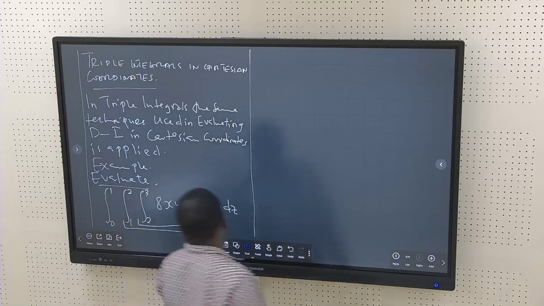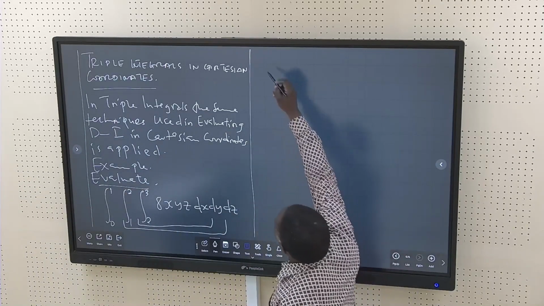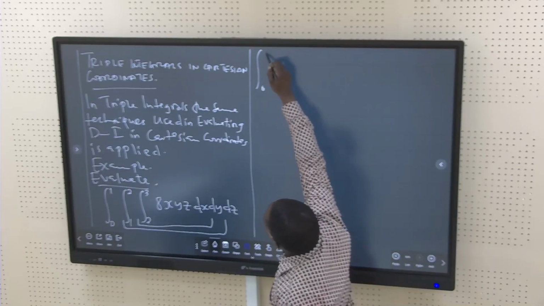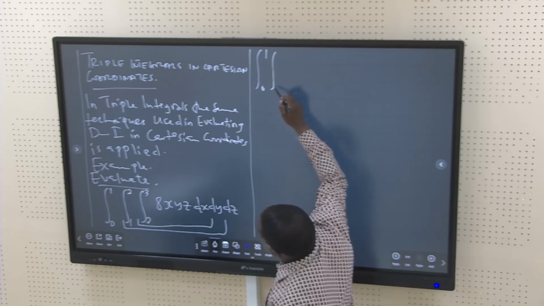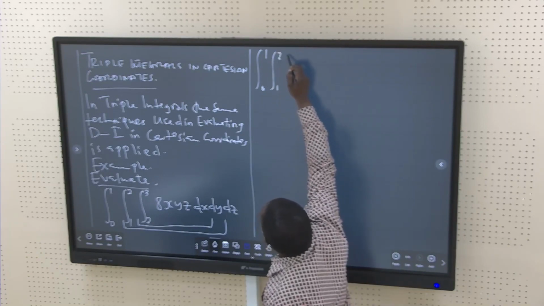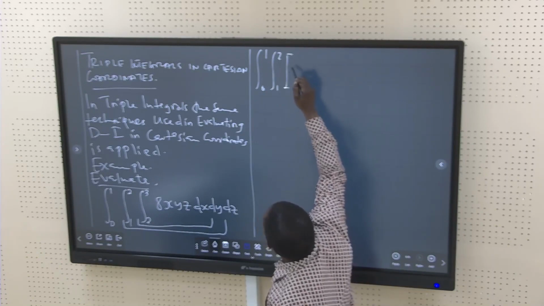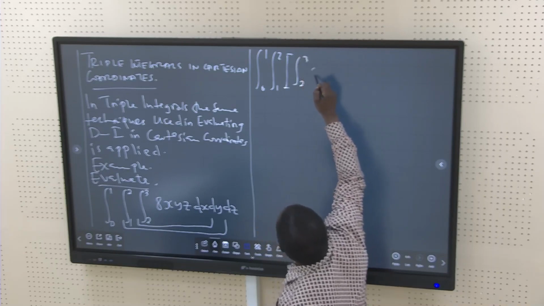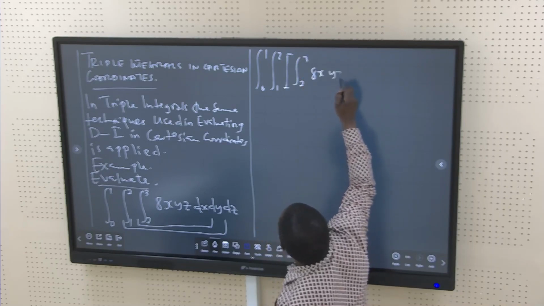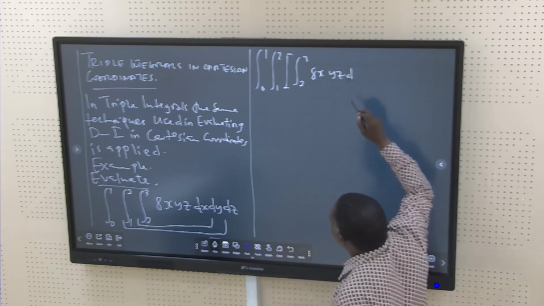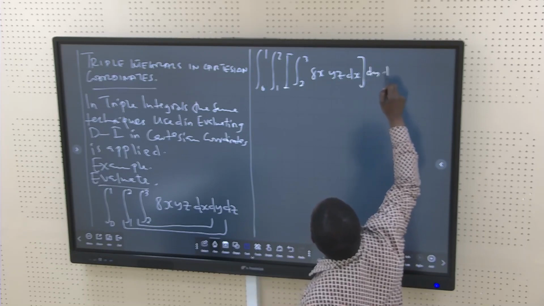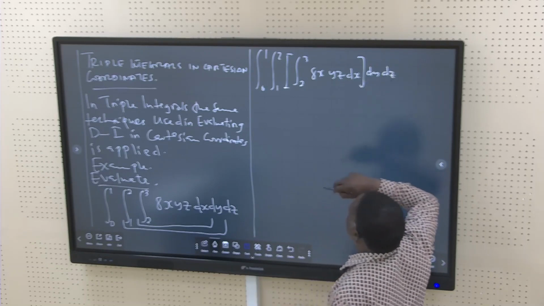So let us see how we can deal with this one. From 0 to 1, 1 to 2, 2 to 3 of 8xyz with respect now to x. Then later with respect to y and with respect to z.